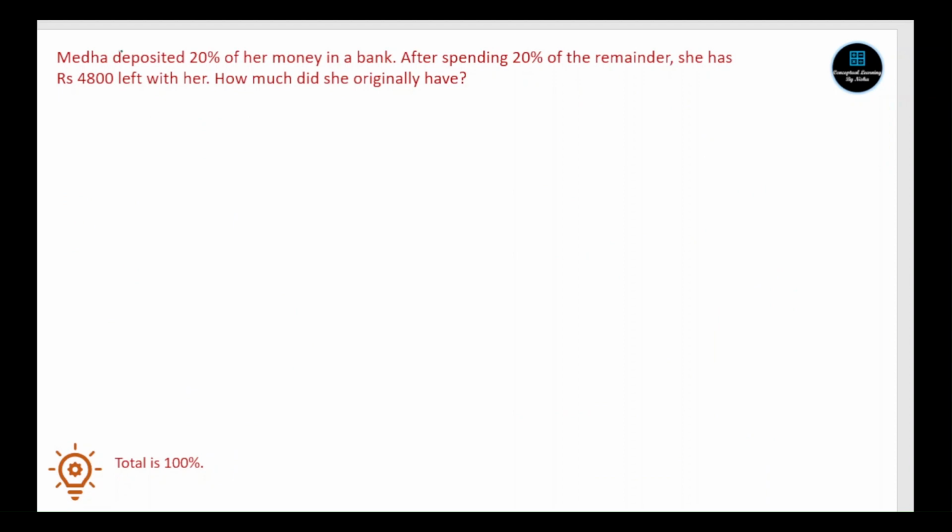Medha deposited 20% of her money in the bank. After spending 20% of the remainder, she is left with 4,800. So, how much did she originally have? Let's say she had x rupees originally.